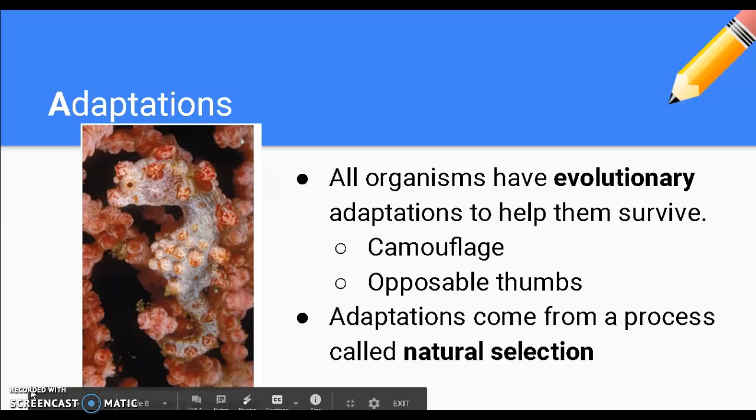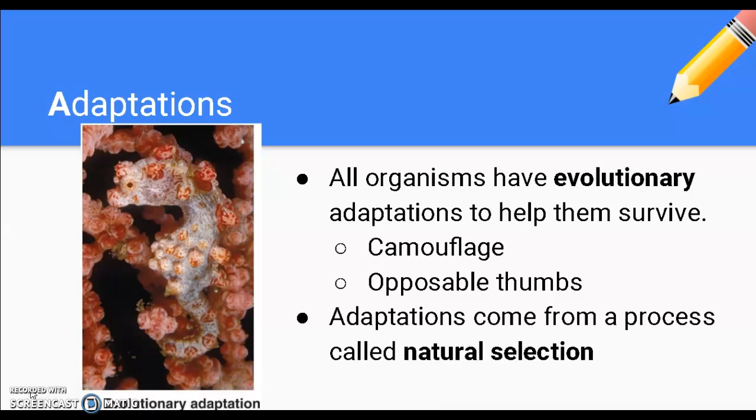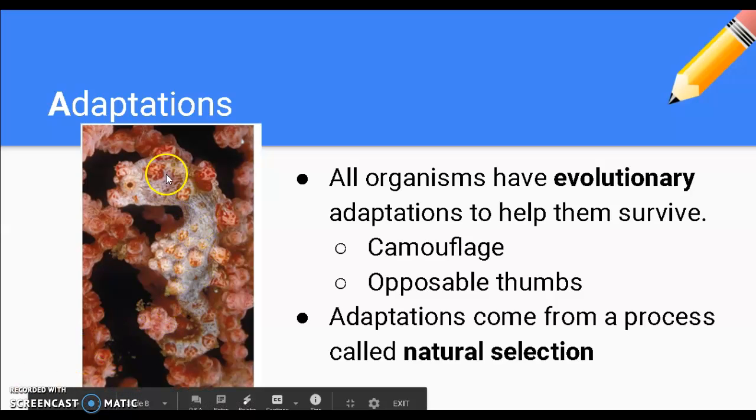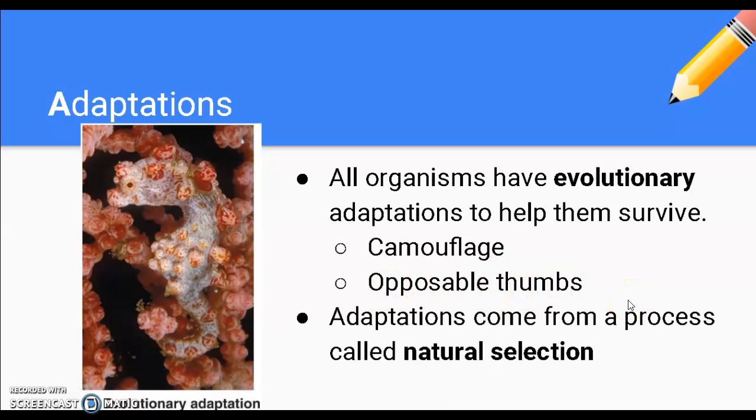All organisms also share evolutionary adaptations that help them survive. For example, camouflage, like this seahorse here, it's camouflaged in with the coral. Or our opposable thumbs in humans is another evolutionary adaptation. Adaptations come from a process called natural selection.